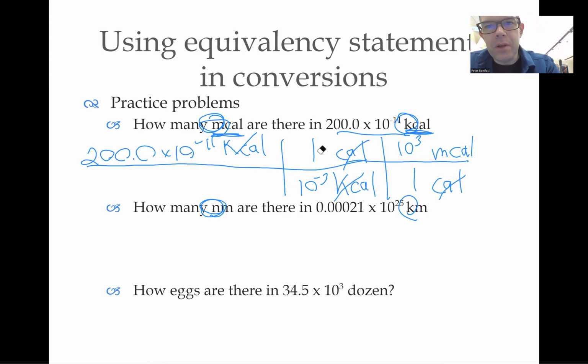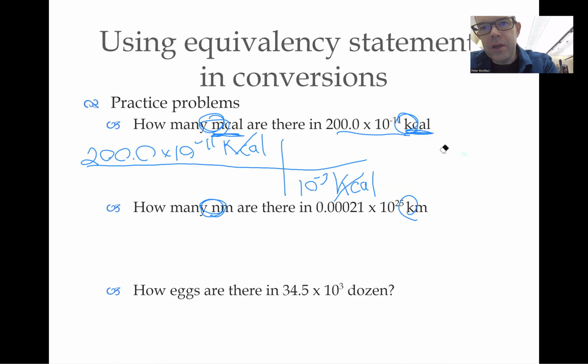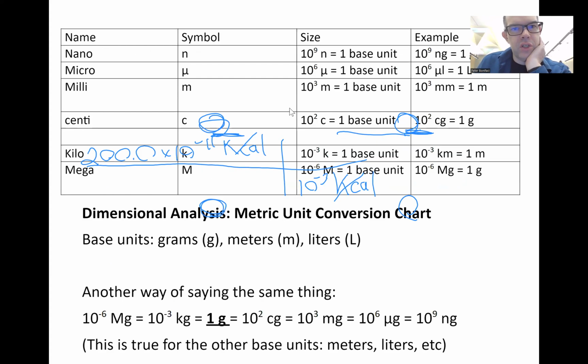There's a slightly shorter way, and I'm going to show you how to do that right now. If you go back to your page, the one with the chart, we have this big equivalency statement where it says kilograms, which are the same as kilocalories, right?